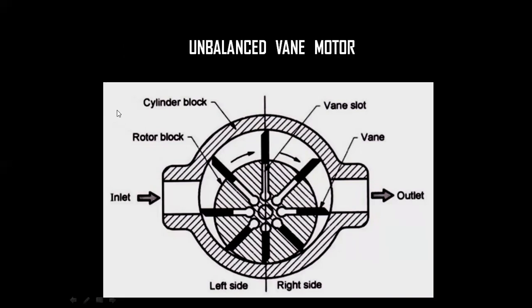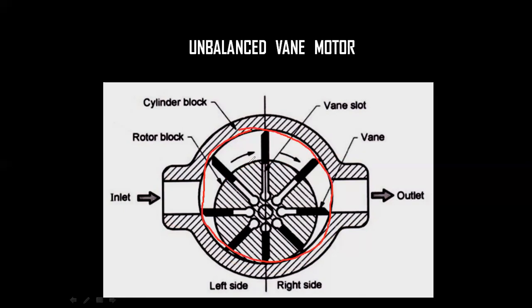You can see this image. The outer layer is a chamber, or the cylinder block, the outer part. Inside we have a spherical rotating part, and inside that you have a rotor block, which is very important.